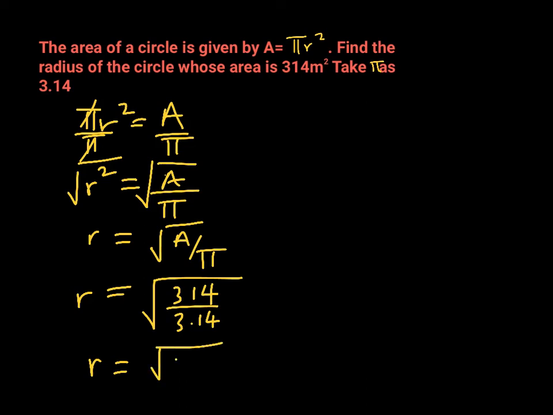So square root of 100. Remember, it's in meters squared. When you take the square root of 100, it is 10. Square root of meters squared is meters. So the radius is equal to 10 meters.